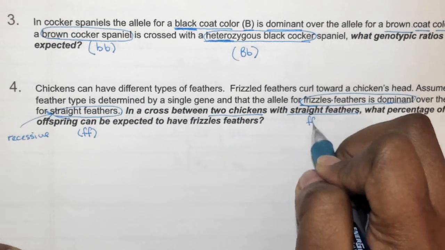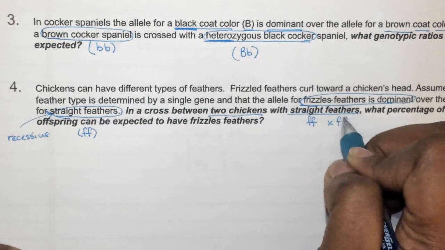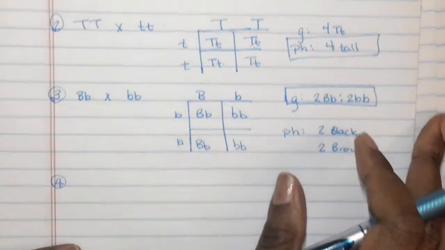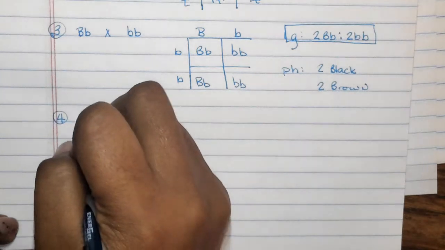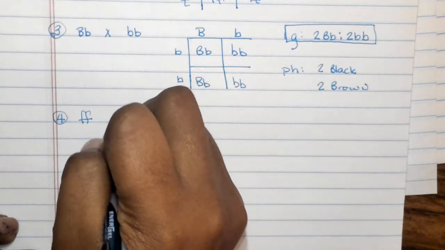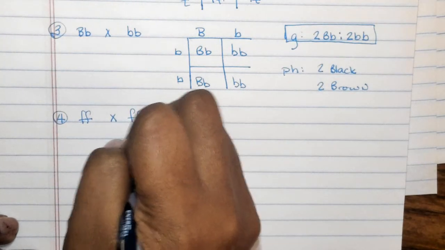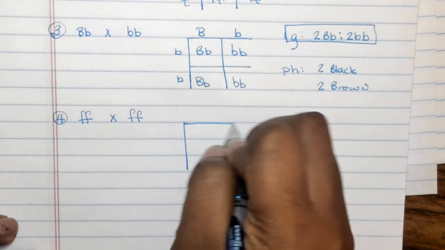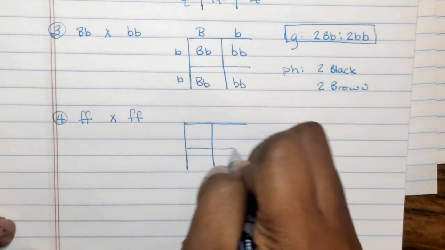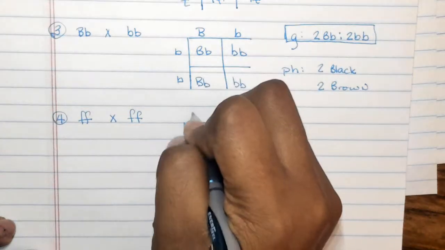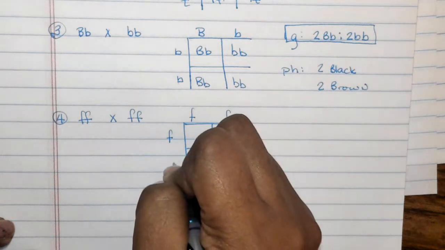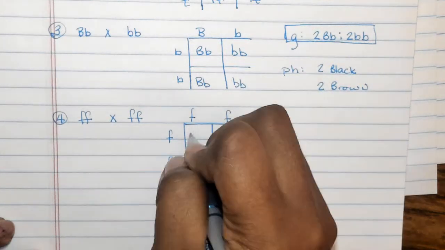So they both have to be little f, little f. So let's do that. So little f, cross with little f, little f. Okay, so I have a little f here, little f there, little f here, little f there.